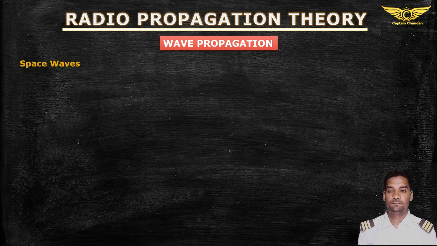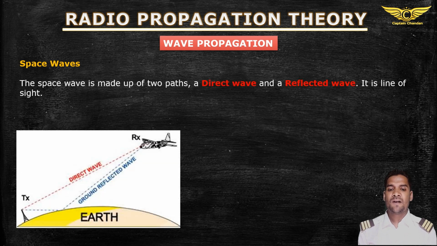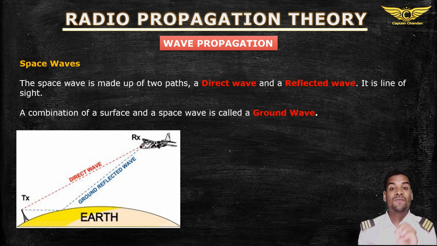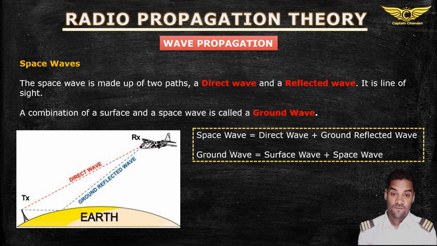A space wave. The space wave is made of two paths. The first is the direct wave and the second is a reflected wave, a ground reflected wave. It is a line of sight. A combination of surface and space wave is called ground wave.